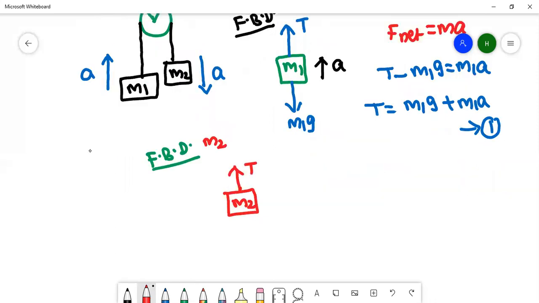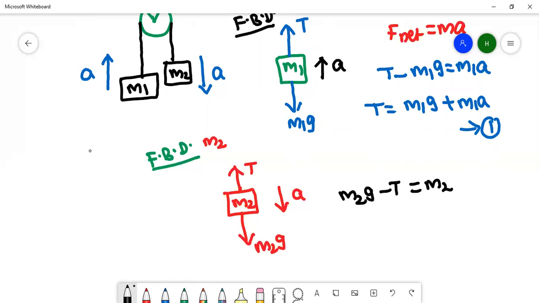Weight is acting downwards, so M2G. The acceleration of the body is downwards, and weight is also acting downwards. So you can write M2G minus T is equal to M2A.